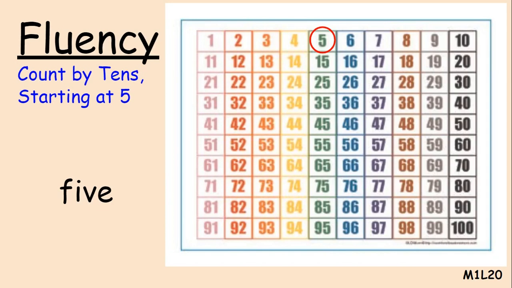Our fluency exercise, we're going to count by tens, starting at 5. So here is 5, 15, 25, 35, 45, 55, 65, 75, 85, and 95.